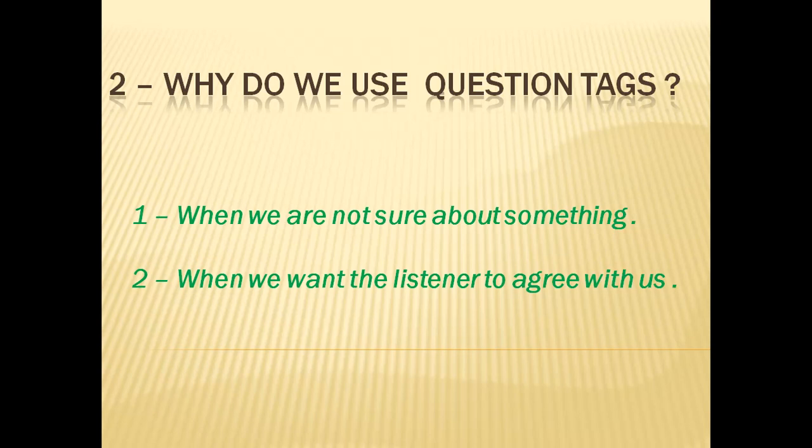Number 2, when we want the listener to agree with us. When I say something and want the listener to agree with me, to confirm my statement, so I use the question tag with the listener. Yes, these are point 1 and point 2.